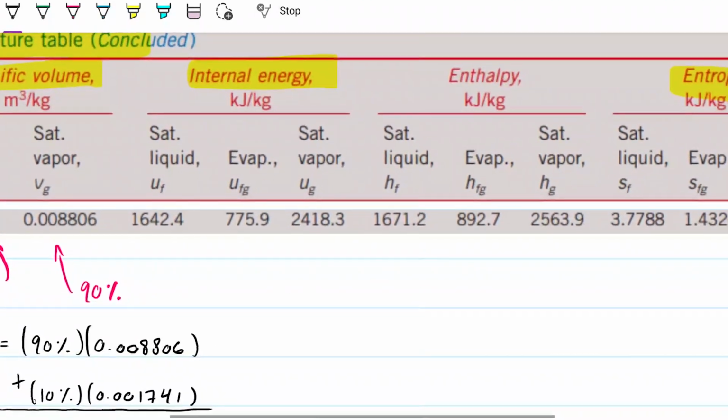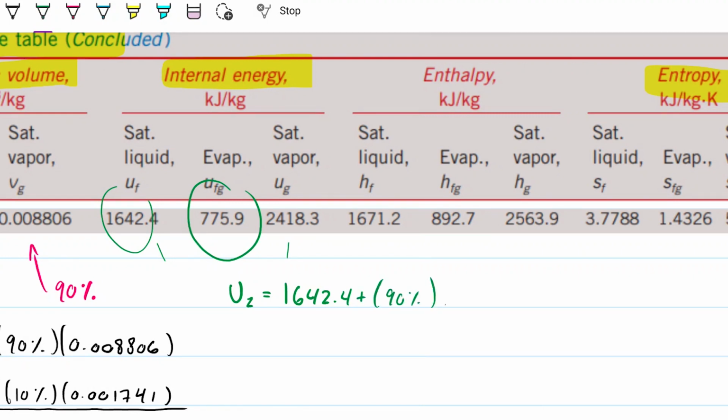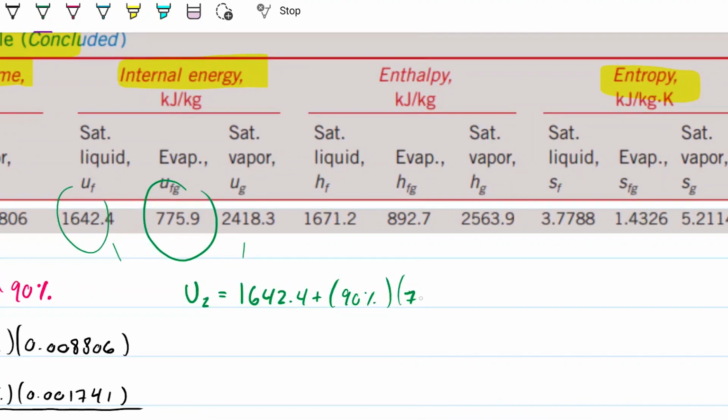Beautiful. Now, for internal energy, same deal. I'm just going to change colors. So I'm going to get 10% of this and 90% of this. Or if I want, I can also use the difference between them and make my life a bit easier. So whatever rocks your boat. If we want to do the second one, all you need to do is grab the fluid one, 1642.4, plus 90% of the difference, 775.9, which is mathematically equivalent.